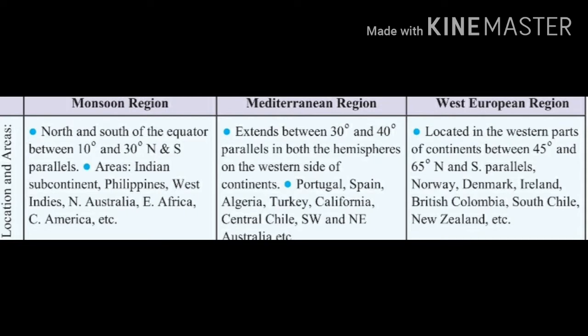Then in the second column, Mediterranean region. Extends between 30 degree and 40 degree parallels in both the hemispheres on the western side of continents. Portugal, Spain, Algeria, Turkey, California, Central Chile, Southwest and Southeast Australia, etc. Then the third one, that is West European region.